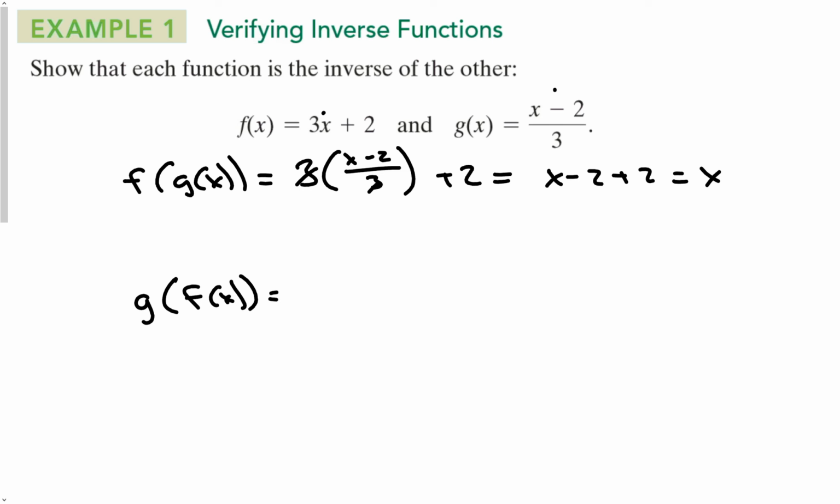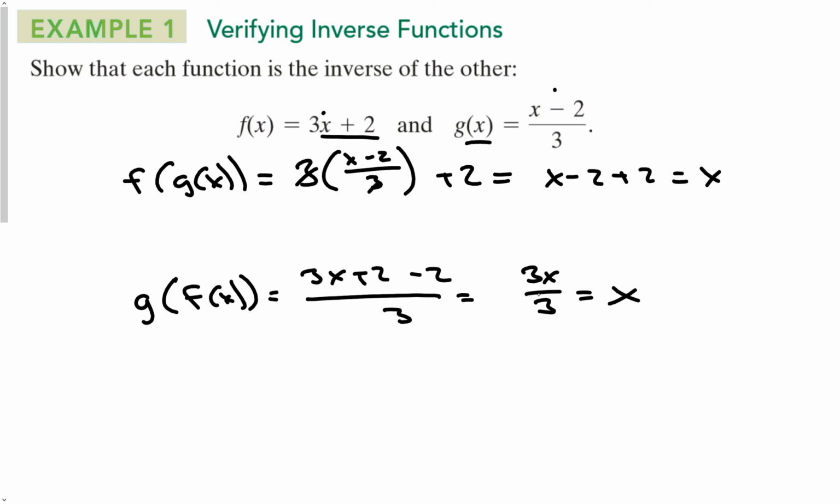But I also have to check the second one. So g of f of x must also be equal to x. And so now I plug f into g. So I take 3x plus 2 minus 2 over 3, which is just going to be 3x over 3, which is x.